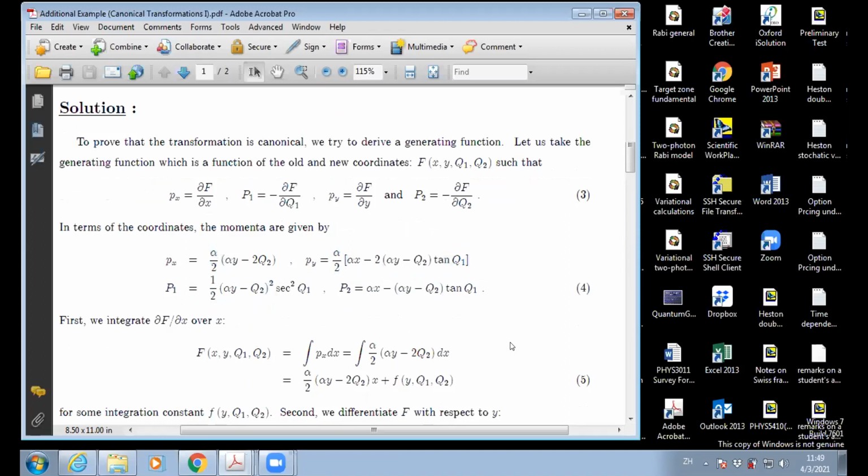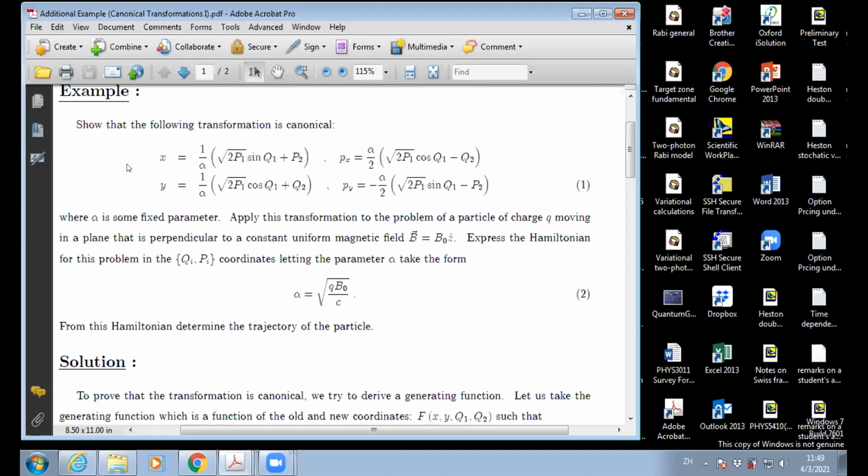Now, these are the definitions for the transformation x, y in terms of the new coordinates and new momenta, px, py, expressed in terms of the new coordinates and new momenta.